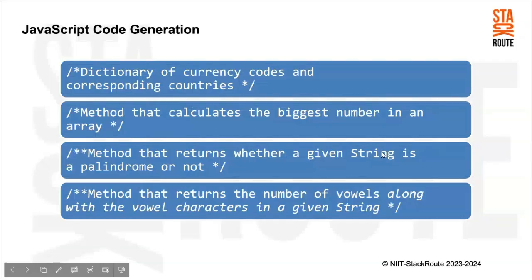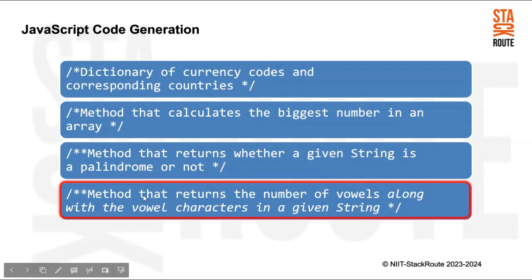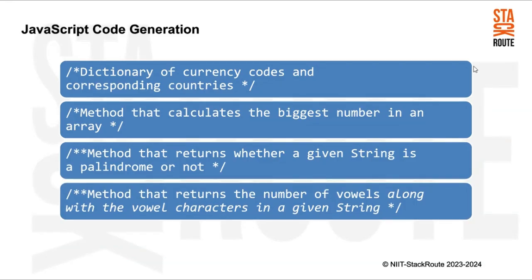So let's go back to the slide and see: method that returns the number of vowels along with the vowel characters in a given string. So let me type this comment.